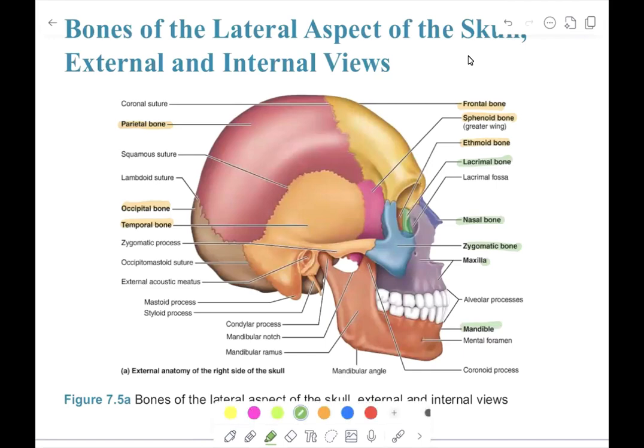Some of the important structures to know, bony landmarks would be the mental foramen, the different sutures. There's 4 main sutures that you need to know. The zygomatic process, the external acoustic meatus, mastoid process, and styloid process.